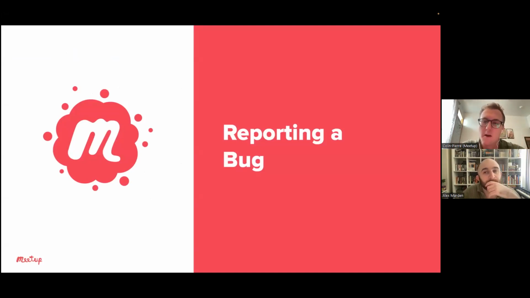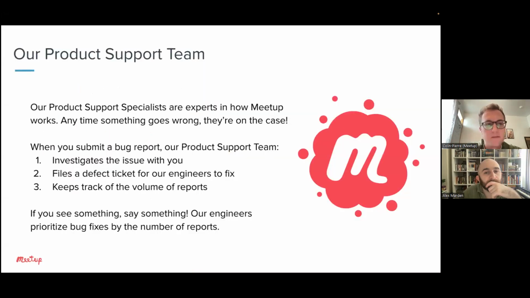And then the next one is about our bug. So reporting a bug goes to our product support team. Our product support team are specialists who help when anything goes wrong.